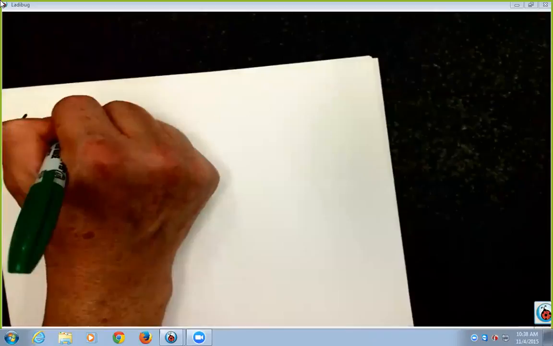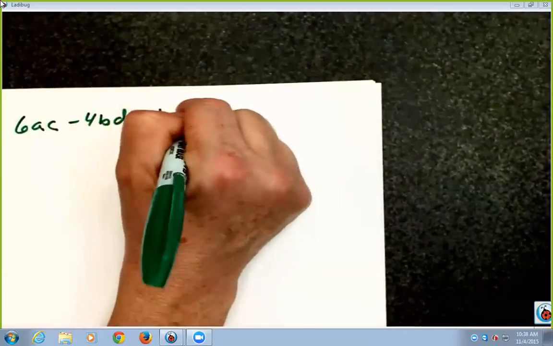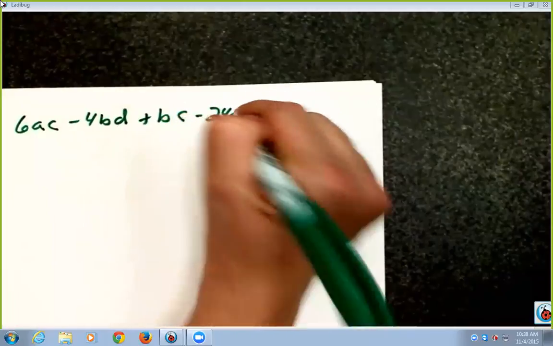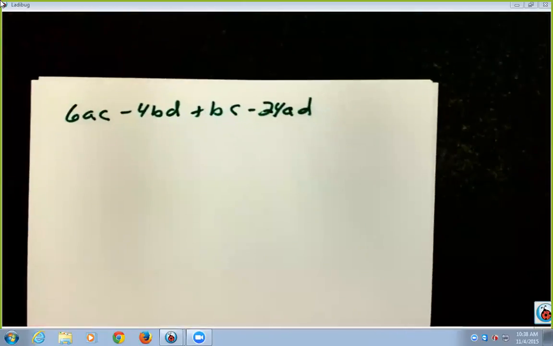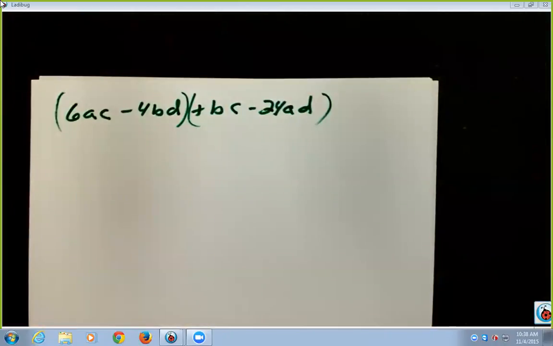So if I had 6AC minus 4BD plus BC minus 24AD as my problem to work with, and I'm just tootling along with these and they're working out great, and I go through and put this together and that together and I go back and look at it.